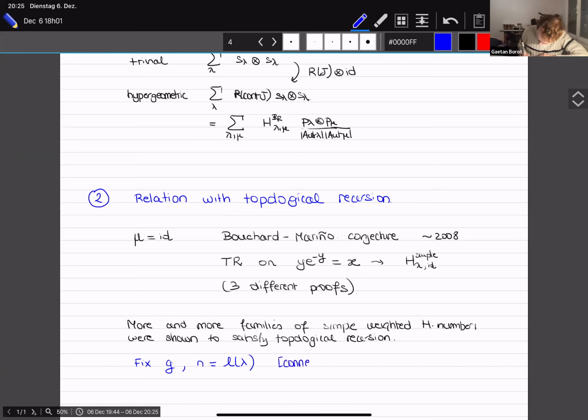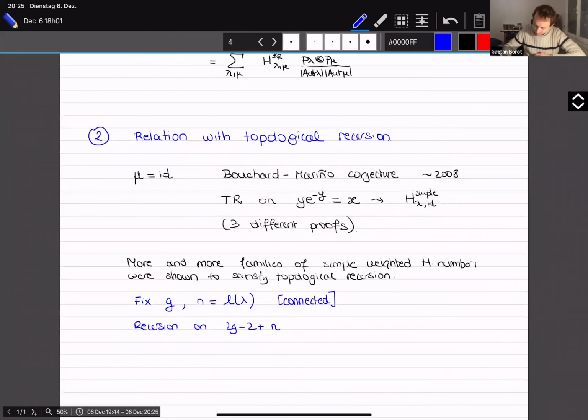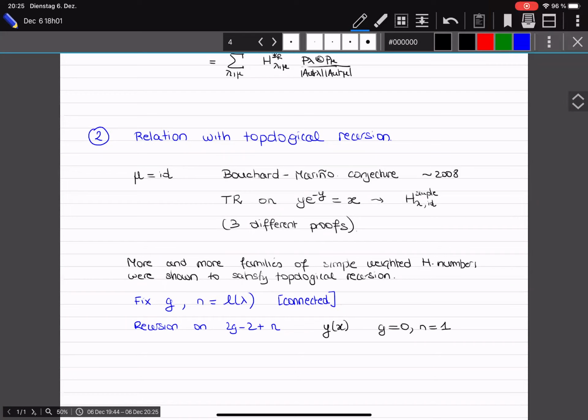And you're doing connected branch covers, so you have a certain genus G. And it's a recursion on 2G minus 2 plus N. And the spectral curve, so Y is a function of X. In each of these problems, that's the easy part, because you just need to find the case G equals 0, N equals 1, and very often you can compute that by elementary means. So in most of these problems, you could actually compute what the spectral curve should be.